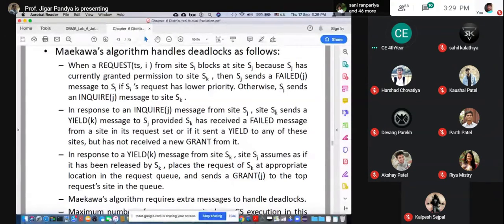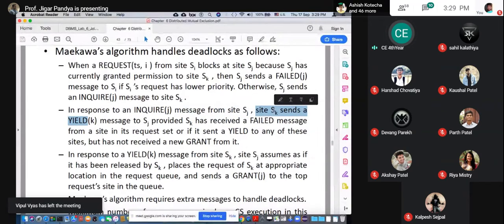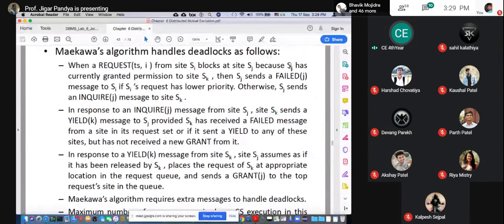So K will tell site J, I'm in the waiting mode because higher priorities are being taken care of, so they haven't given me a go signal. So when site K yields, site J will then give the acknowledgement to site I, which had higher priority than site K.